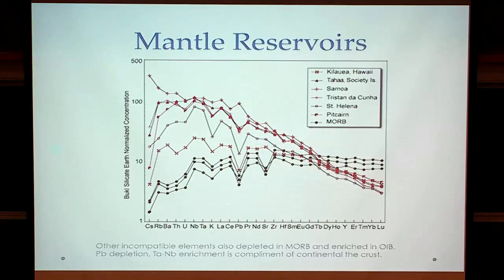The rest of the stuff is a little more difficult to figure out. But maybe I ought to give another 15-minute talk later in the week on mantle reservoirs. I don't have time to get into it right now, but you're quite right. There are differences between these. We can see it even better in isotopes.